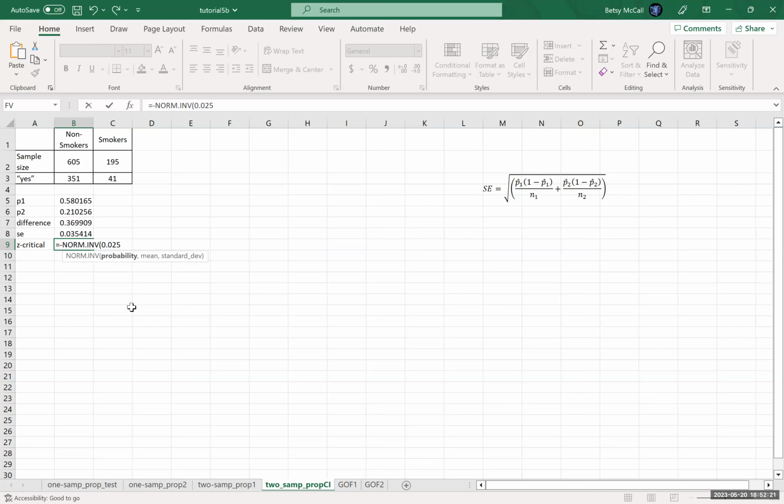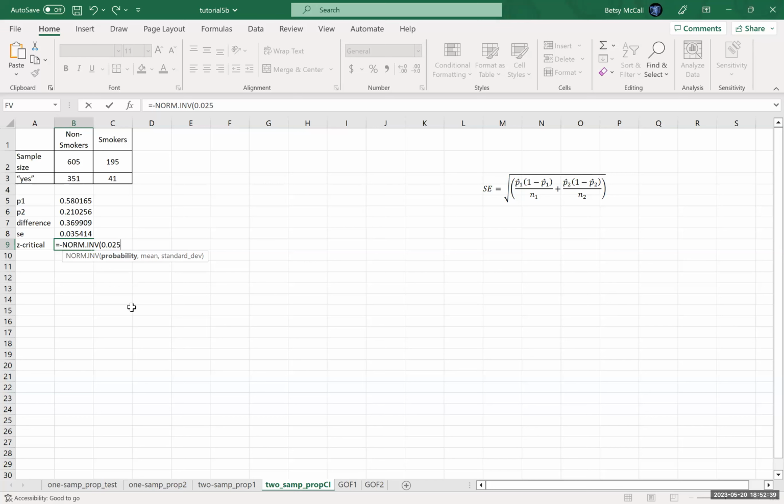So 5% is left out of a 95% confidence interval, 2.5% in each tail. If I use the 2.5%, I'm going to get a negative number. I don't want a negative number for my confidence interval, so I put another negative in front of the norm inverse in order to get a positive value.